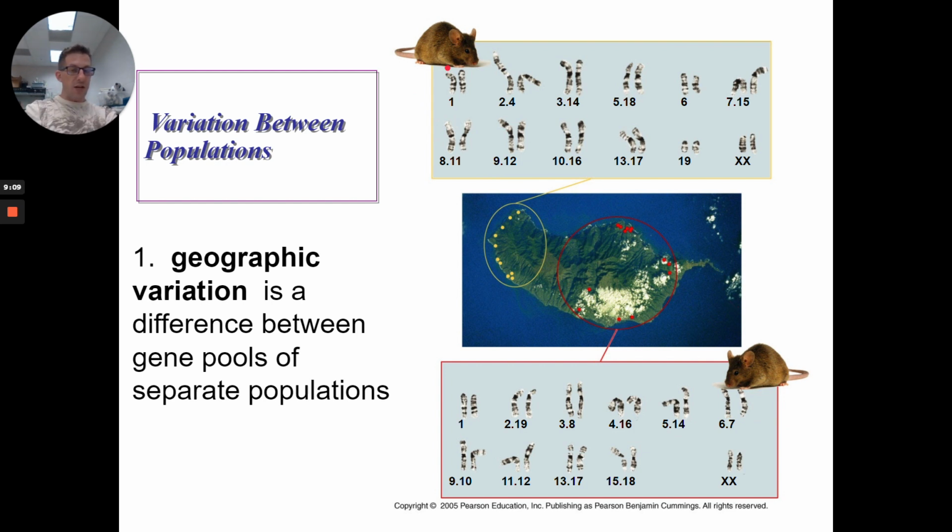They have this variation based on where they're located in their geographic regions. It's kind of an interesting take on variation in terms of looking at their chromosomes and their karyotypes, because you don't see a whole lot of variation within these two populations phenotypically, but you do see it genetically. Okay, you see it with the fused chromosomes and how they are different.